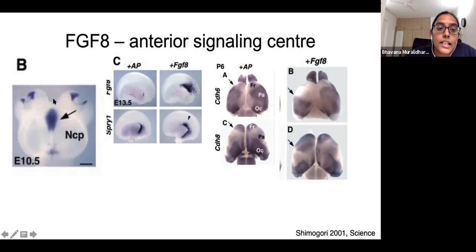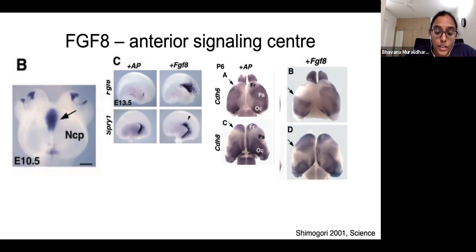And this here is the nasal placode, which also has FGF8 in it. Nasal placode, meaning the one which will go on to form the nose and the olfactory bulb in the developing brain. So as you can see here, this is called the anterior neural end, which is full of FGF8.